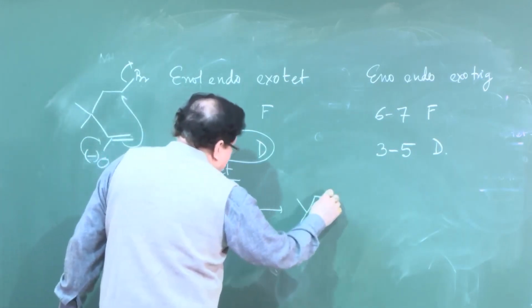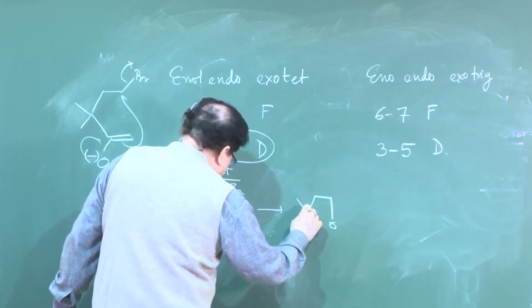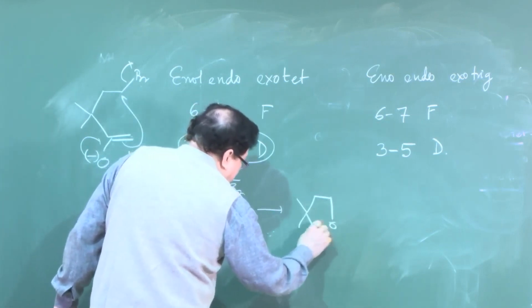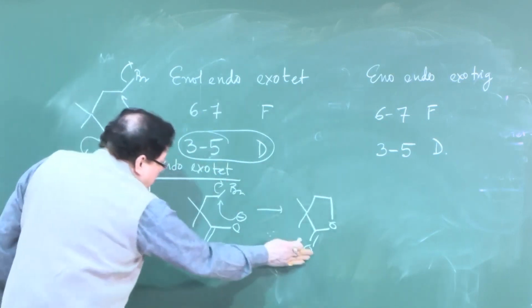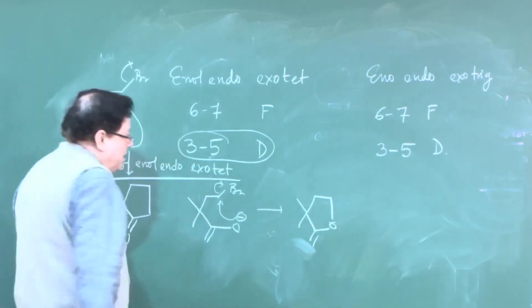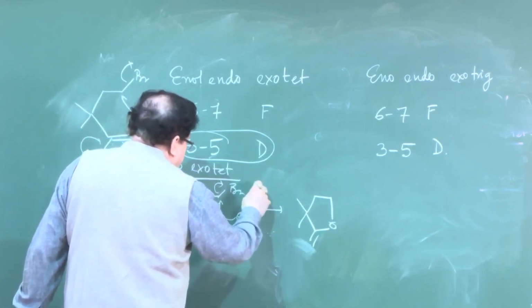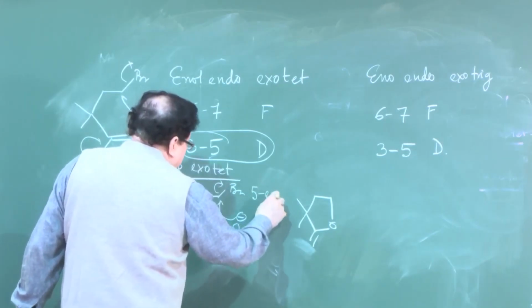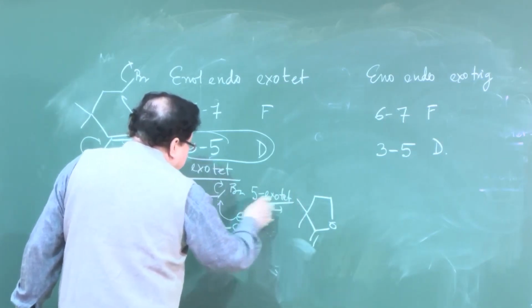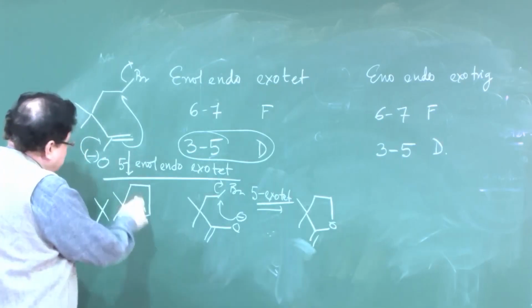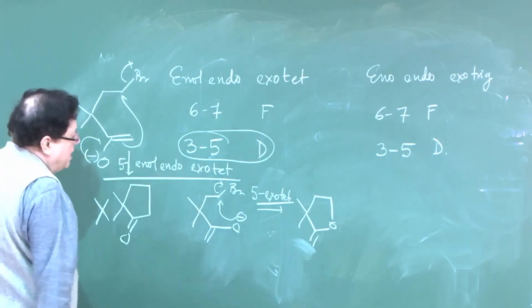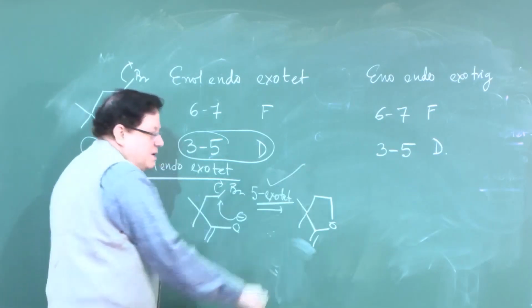So, that will form this. This is only a double bond. So, this will be formed, and this reaction is nothing but 5 exo-tet, which is a favored process. Okay. So, instead of 5 enol endo exo-tet, you have the 5 exo-tet process that predominates.